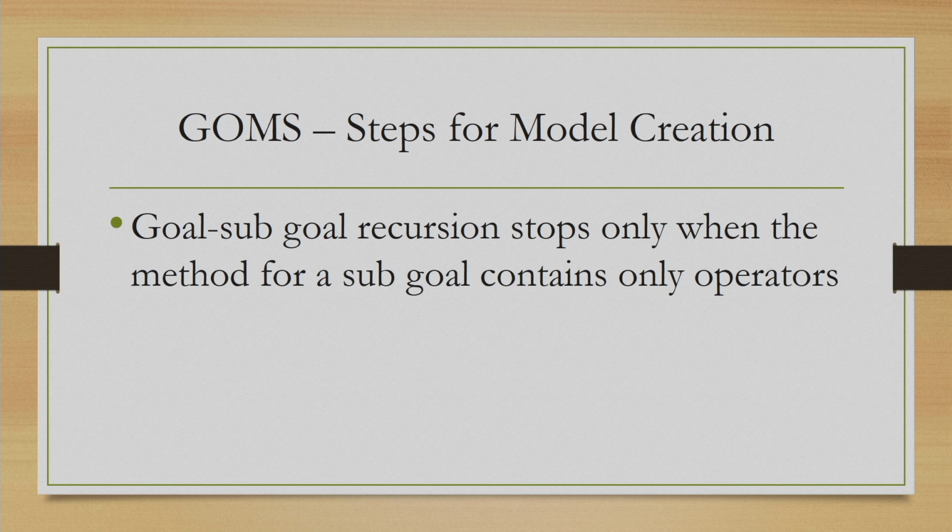We stop this iterative process of creating the hierarchy only when we reach the operator level, either keystroke level operator or your own operators which you define. So, if at any stage we have a set of goals, each of which is represented only with operators and there is no further sub goal, then at that stage we stop building the model and our hierarchy is complete.